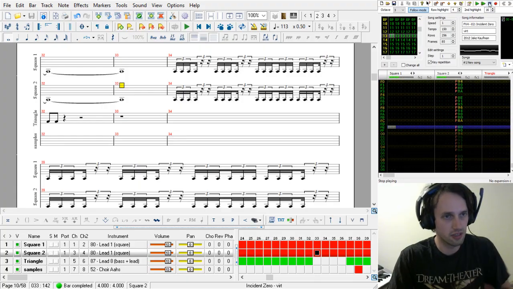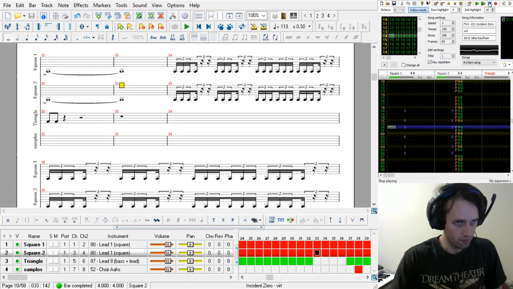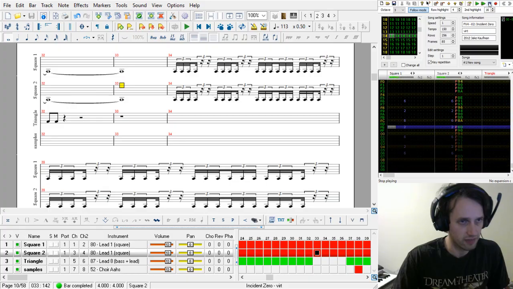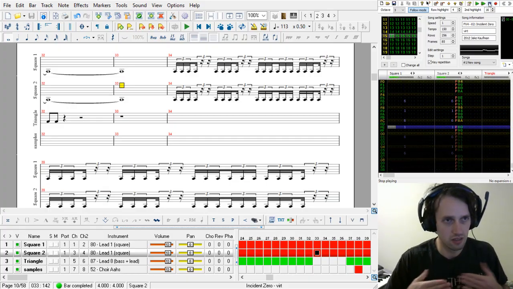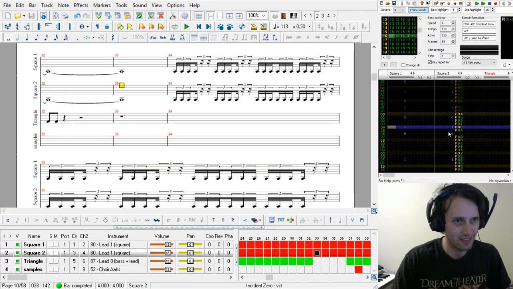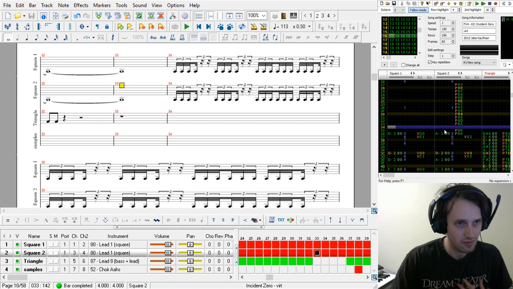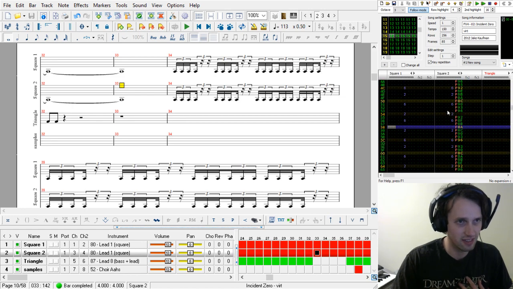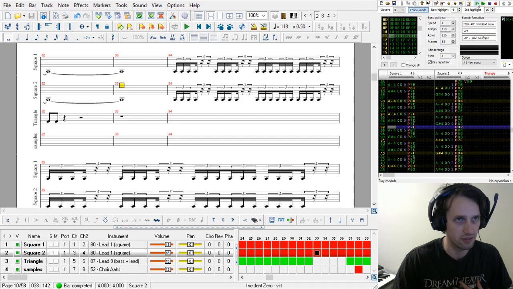Oh, I see. Only square 2 is changing its pitch to create that detuned effect. There we go. Yeah, I like how it goes to 6-3, 6-3, then 6-2, 6-2, then 6-1, 6-1. So it becomes more staccato the further it goes on.